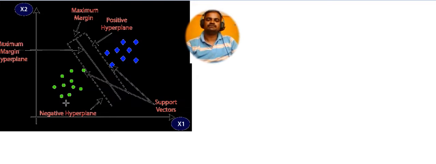In this particular plot, SVM is used to classify the two different classes in a perfect manner. In regression problems, we have two different kinds of attributes, said to be dependent attributes and independent attributes, or dependent variables and independent variables. Let's consider age and salary.